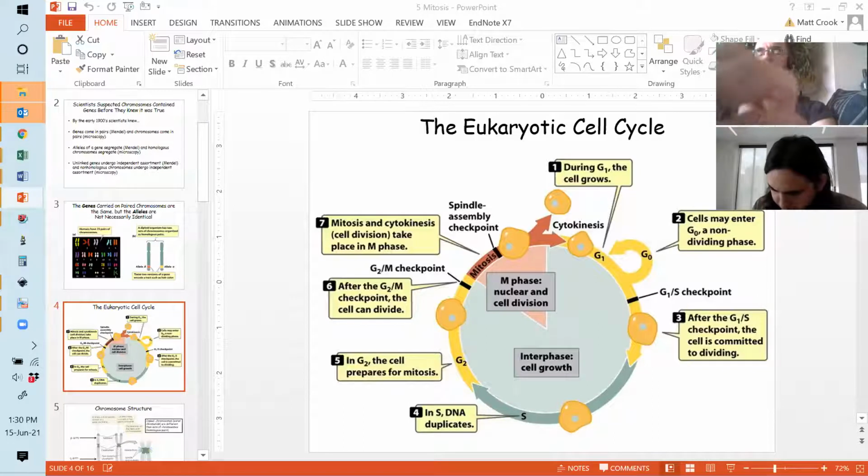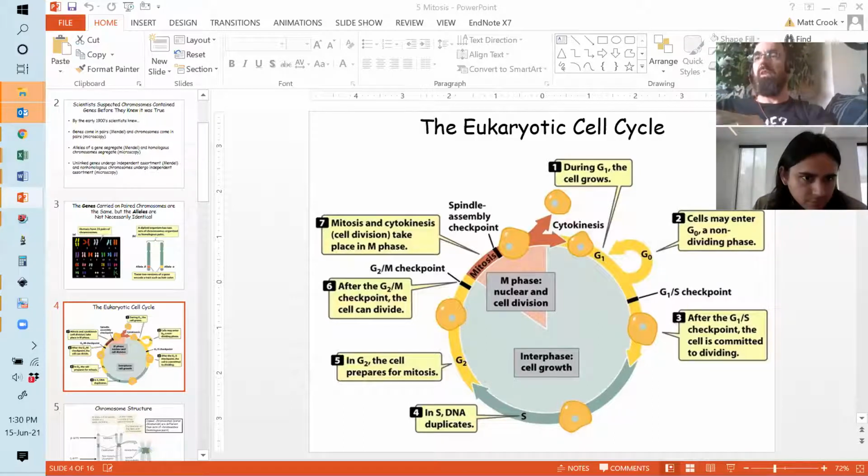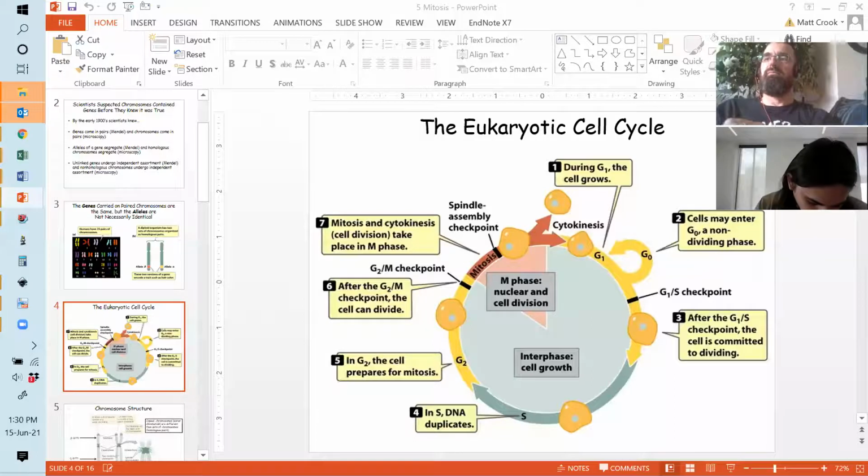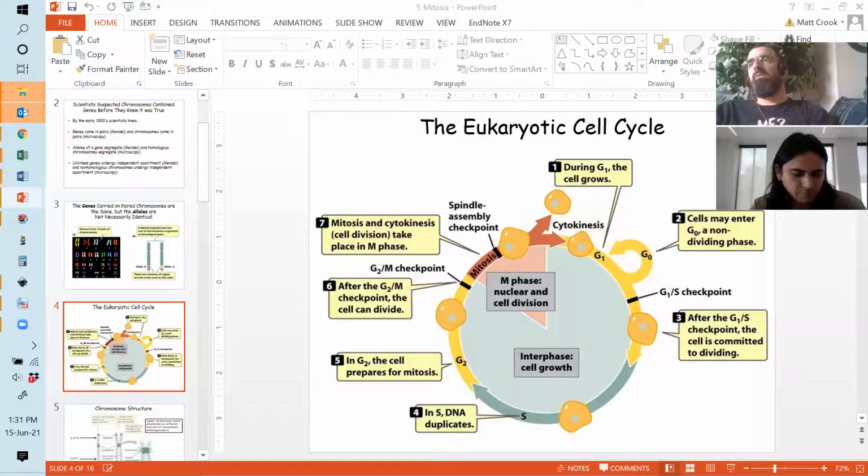One has 1 too few. So in meiosis, that can lead to monosomy or trisomy. Does anybody know an example of trisomy? It's actually one of the most common birth defects in the US.